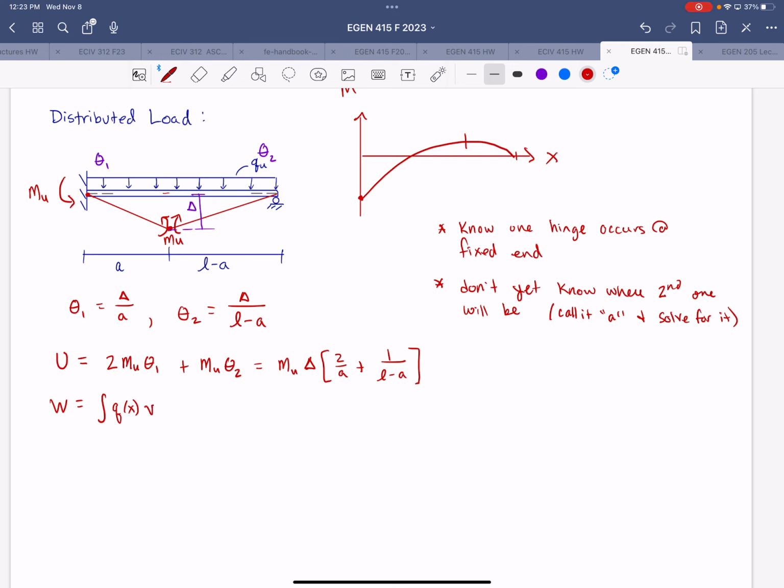And then we multiply that by the deflected shape, which is also a function of X. So in this case, because our distributed load is constant, we can bring QU out front times the integral of the deflected shape as a function of X dx.